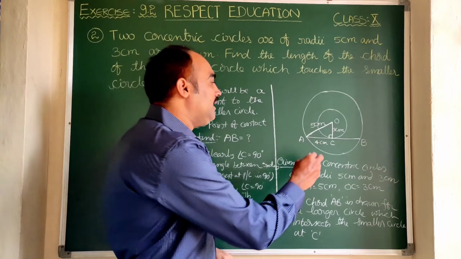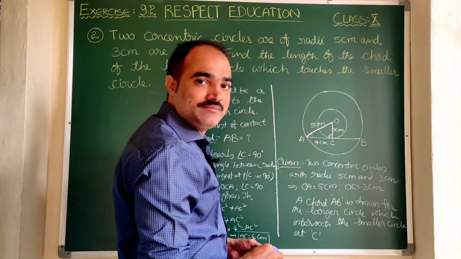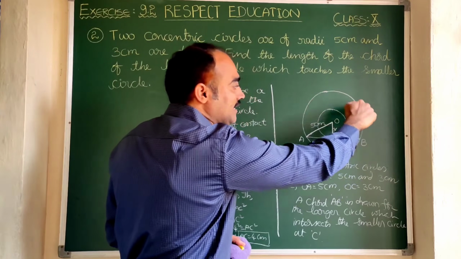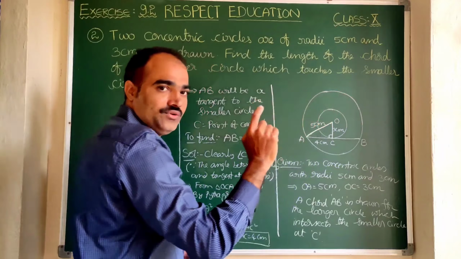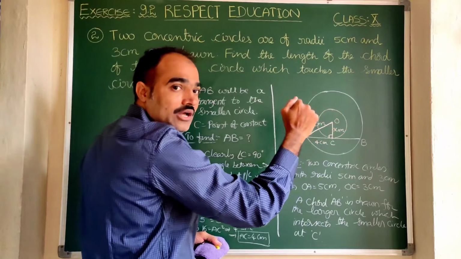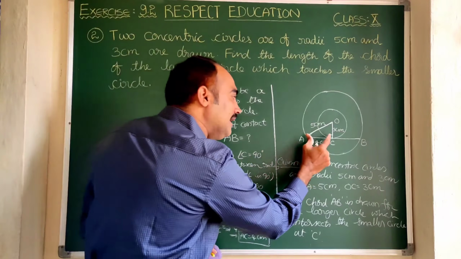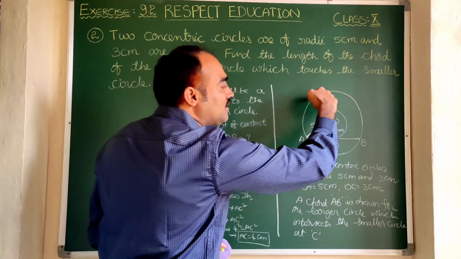Right. Now here, what is O? O is the center of the circles. Especially it is the center of the larger circle. You take the larger circle. O is the center of the larger circle. Of course it is the center for both. Now at this point I would like to tell you a relation between AC and AB. For this you take O as the center of the larger circle.